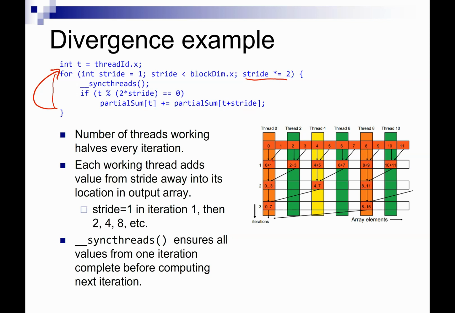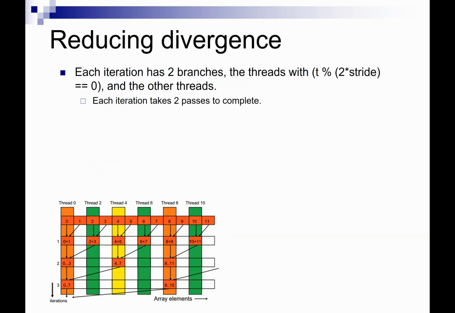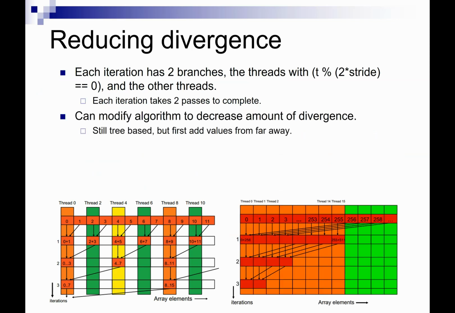There's one type that's doing the addition, for example this thread and these threads are doing the addition, and then the other guys are not doing anything, because they're the partner that's going to become idle. Therefore, since you have these 2 types of threads, instead of running a warp in one pass, you need to take 2 passes. So this is working twice as slow as necessary.